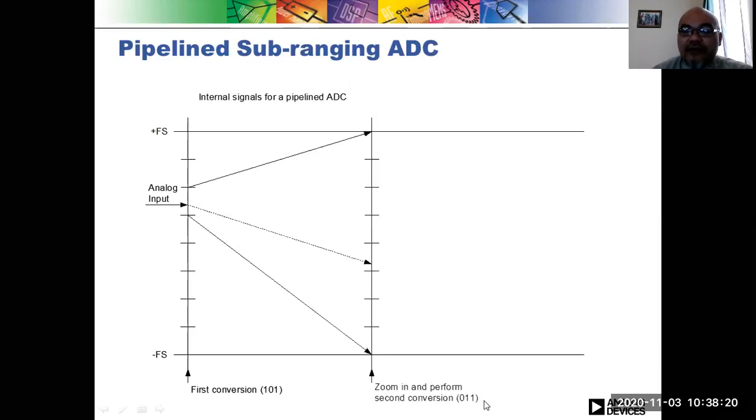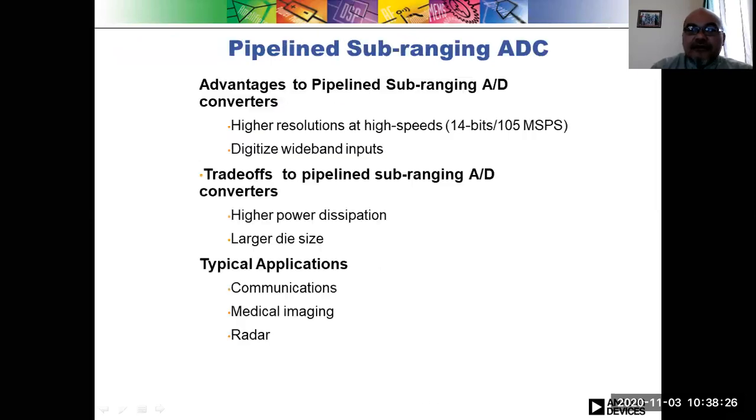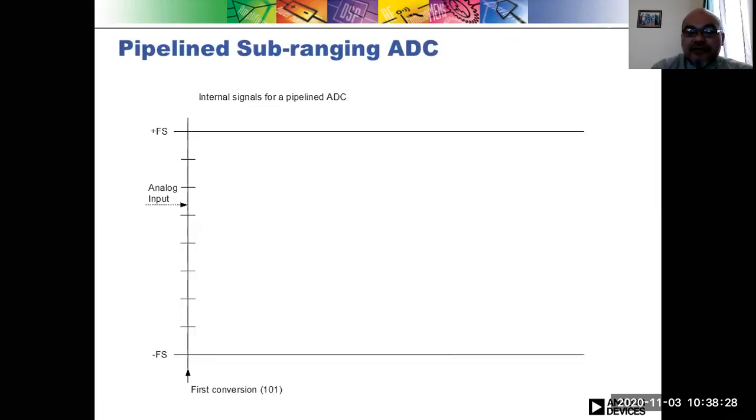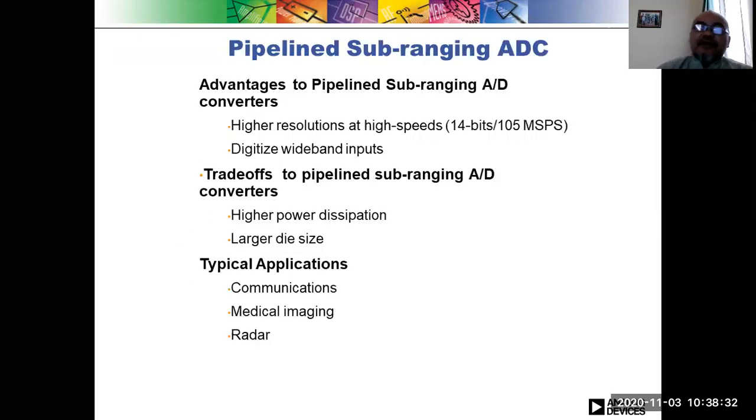So 0, 1, 1. 0, 1, 1 is 2 plus 1, which is 3. So finally the final conversion will be added between the first conversion and the second conversion. The advantages, as you can see, is that because the remaining value is being zoomed in and then converted in the second stage, it has higher resolution at high speeds.